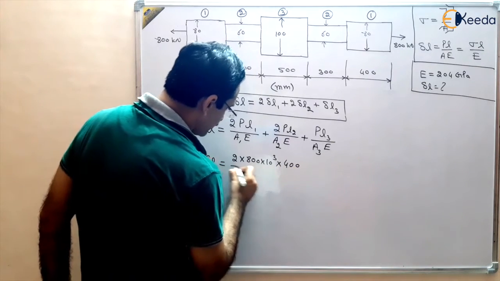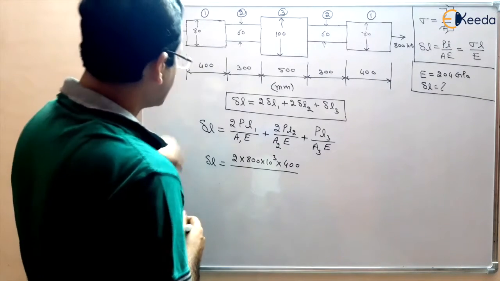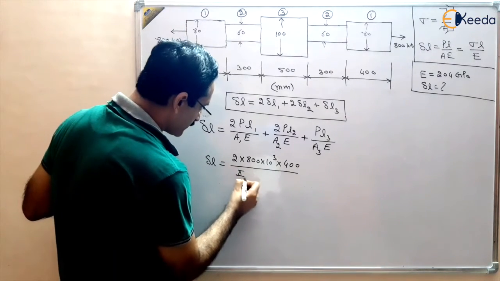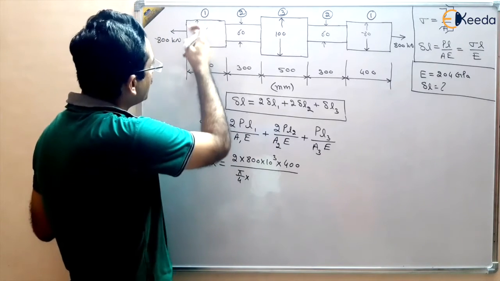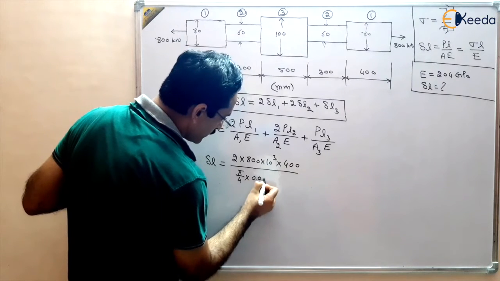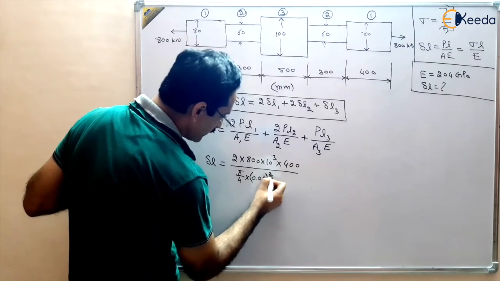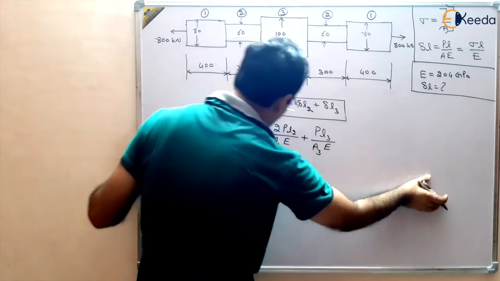400 upon area. Now area is pi by 4 d square. So pi by 4 d square with d 80, which can be made in meter, so 80 will be 0.08 meter. So we have used this in meter and the length in mm, so the final answer will be in mm.